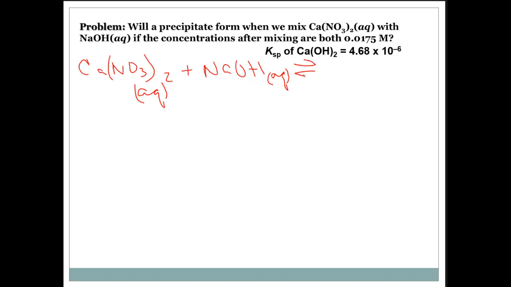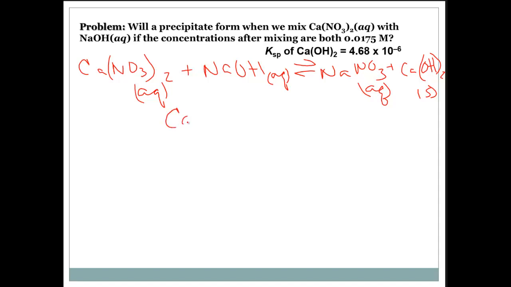This is once again a double replacement. So we have sodium coming together with NO3. That's going to be aqueous because of the solubility rules. CaOH2 is the solid we're trying to form. So let's write a net ionic equation.